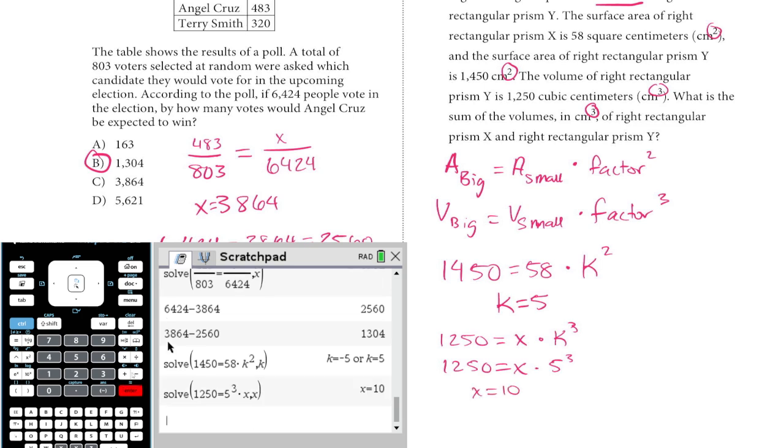So that's the volume of rectangular prism X. So what do they want us to do with that? They want to know the sum of the volumes. So we're going to do 1250 plus 10. And I'm not even going to use the calculator for this one. I'm just going to say 1260.